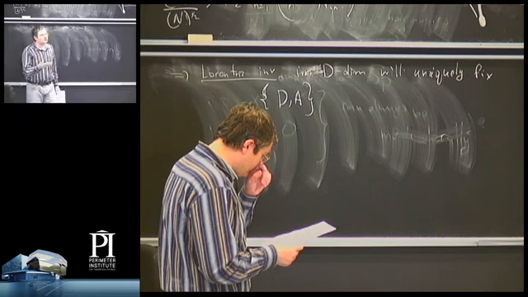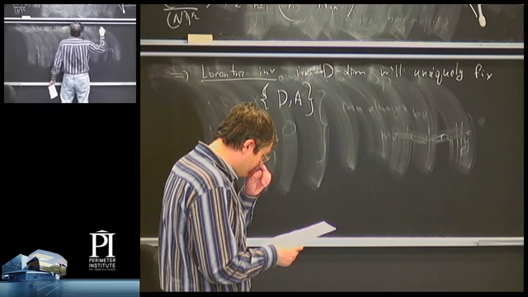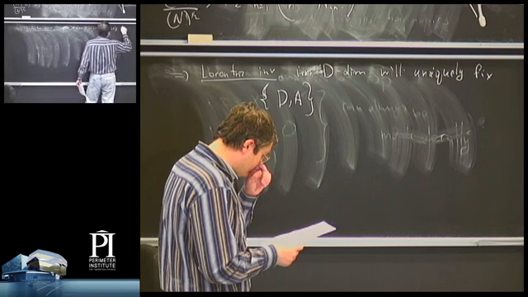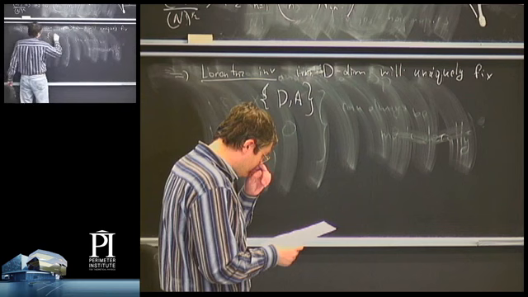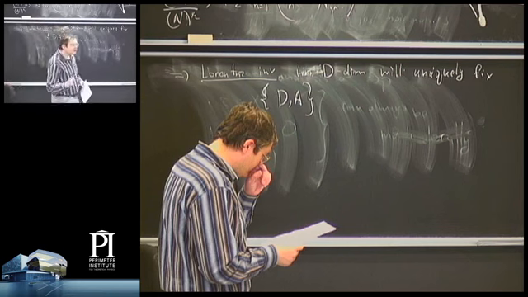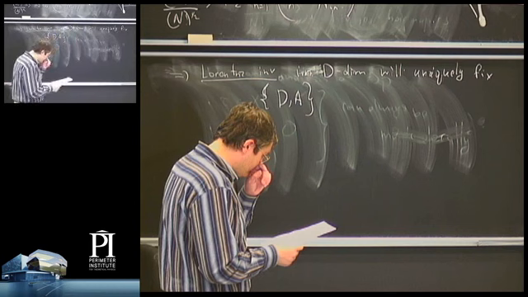So we're talking about Lorentz invariance in the space-time in which the string propagates. So Lorentz invariance in D dimensions will uniquely fix these two numbers, D and A.